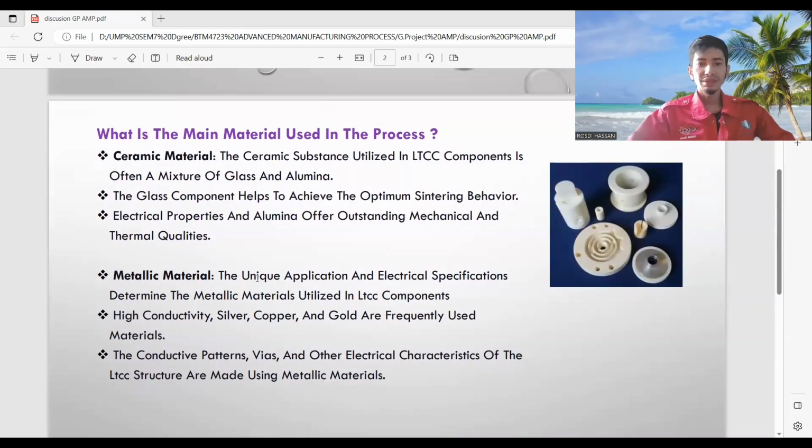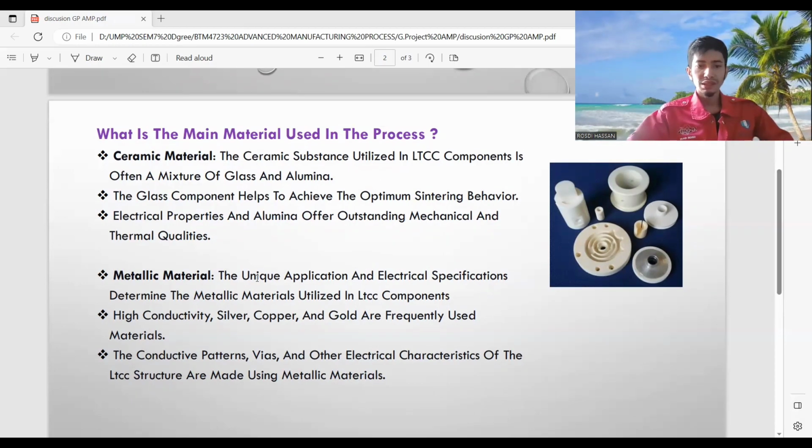What is the main material used in the process? Ceramic material. The ceramic substance utilized in LTCC components is often a mixture of glass and alumina. Glass helps achieve the optimum sintering behavior and electrical properties, and alumina offers outstanding mechanical and thermal quality.